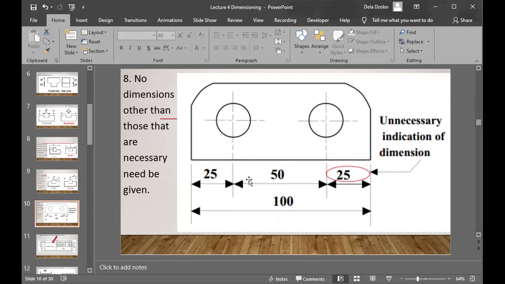Now the 50 dimension again shows how far the two holes are apart. Now there's a third dimension where you've been given the distance between one end of the plate and the other end of the plate. So this 25 millimeters dimension, if you put it there, does not serve any need. It does not help whoever is drawing in any way. So we want to avoid that.